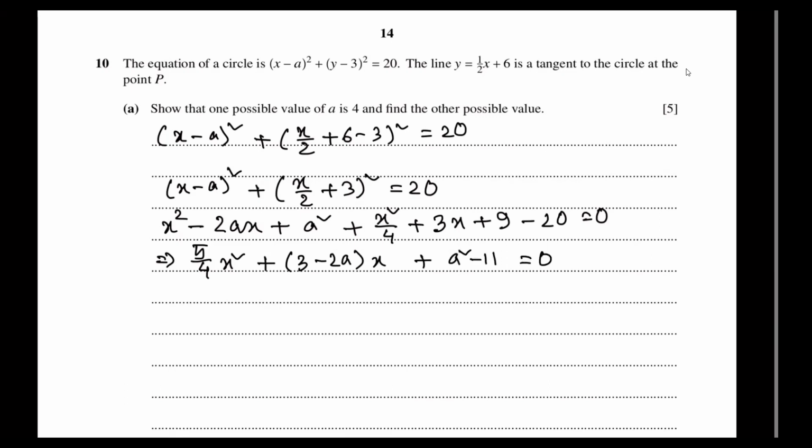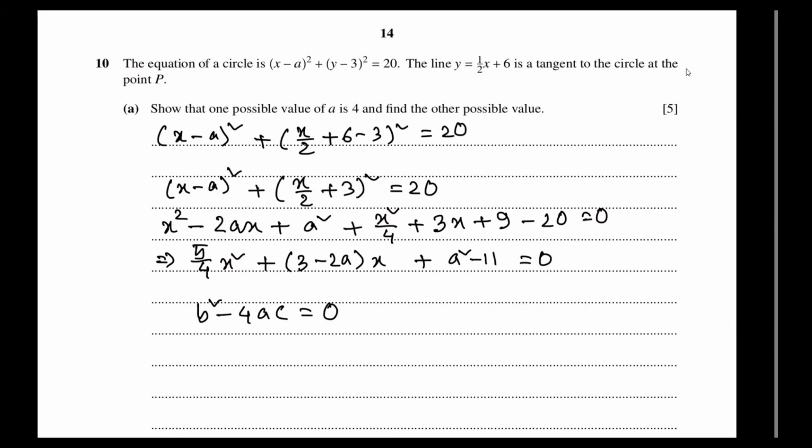Now, since the line is tangent to the circle, this equation will have equal roots. That's why b squared minus 4ac for this equation is equal to 0. Why?